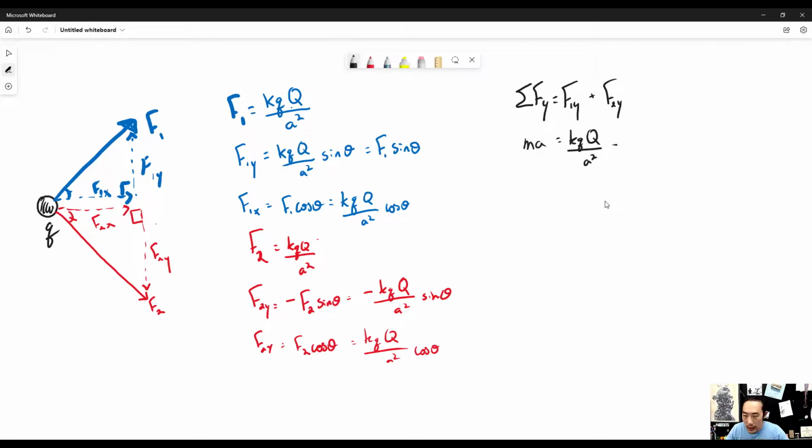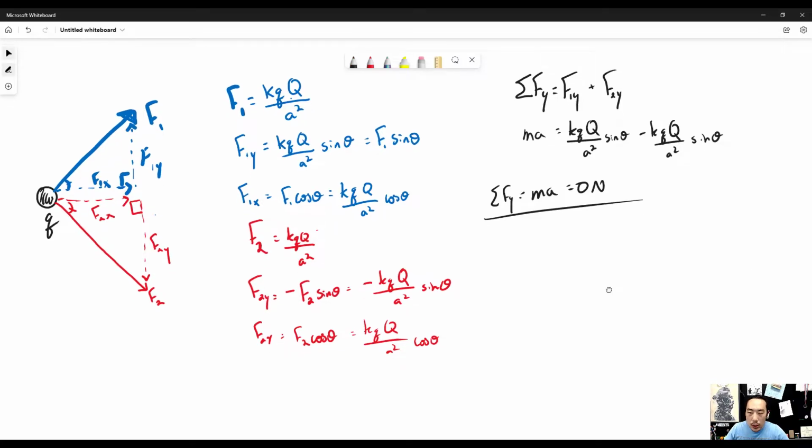This is a simple substitution from what we did before. Oh, made a mistake. All right, f1y is kqQ over a squared sine theta, and this one is minus kqQ over a squared sine theta. All right, and I got these two substitutions from this line here and this line there. So mathematically, what happens is that this all equals 0. Okay, so our net force in the y-axis is equal to 0 newtons. The two forces actually cancel out.